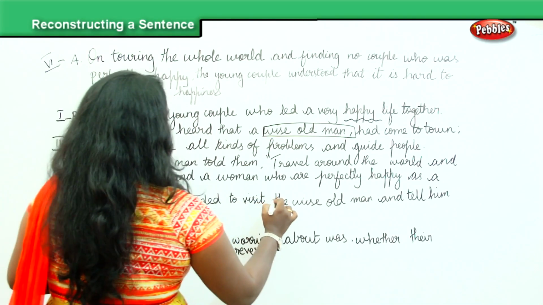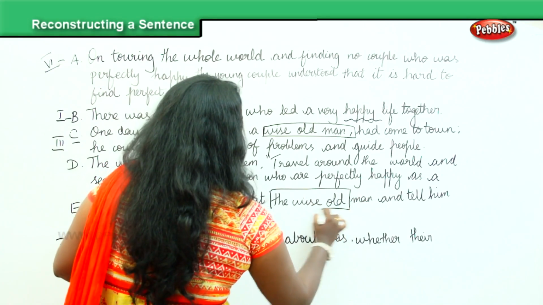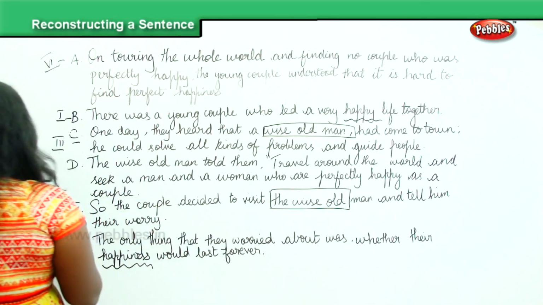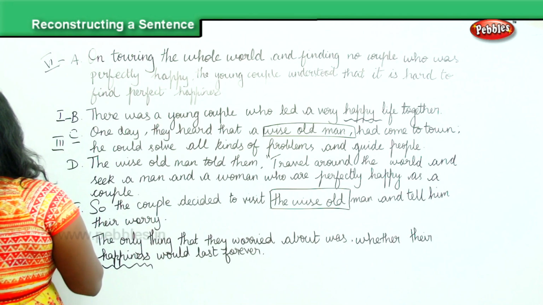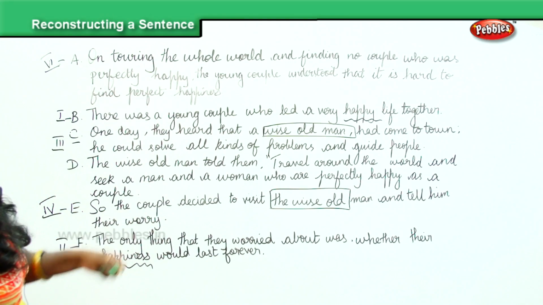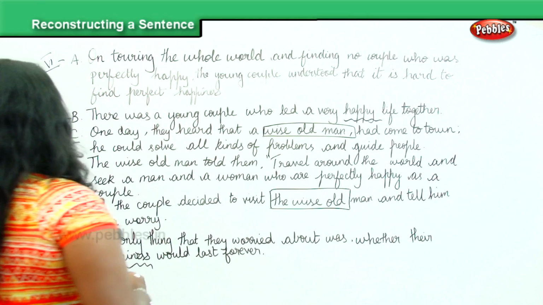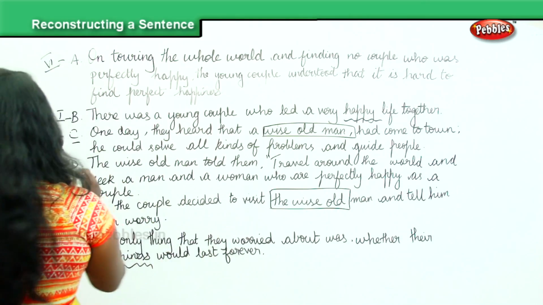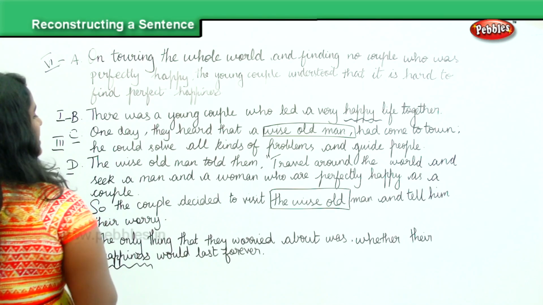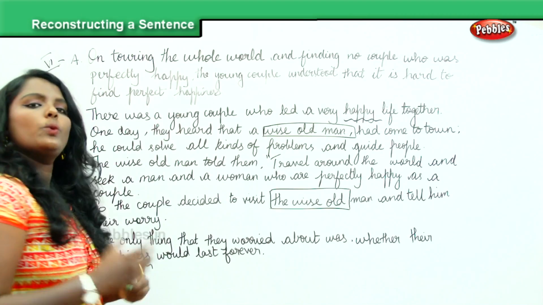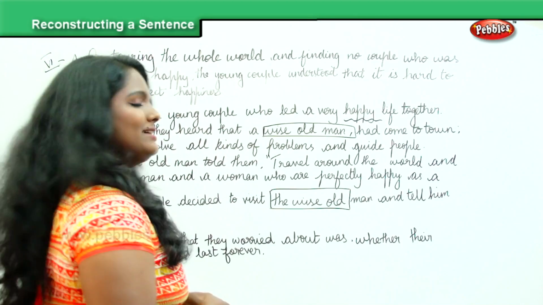Again, in the fourth sentence, the couple decide to go and meet the wise old man. So automatically this will be your fourth sentence. The couple decide to visit the wise old man and tell him their worry. And what solution does he give? The wise old man told them to travel around the world and seek a man and a woman who are perfectly happy as a couple.